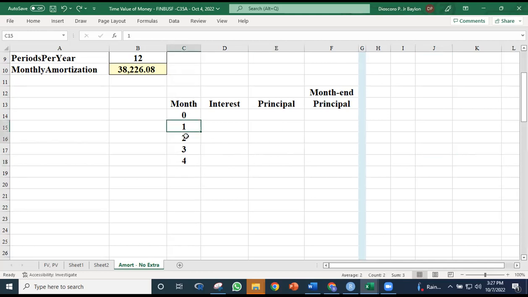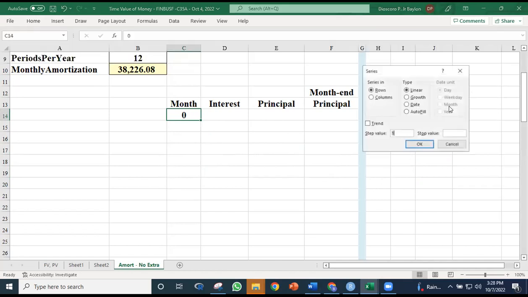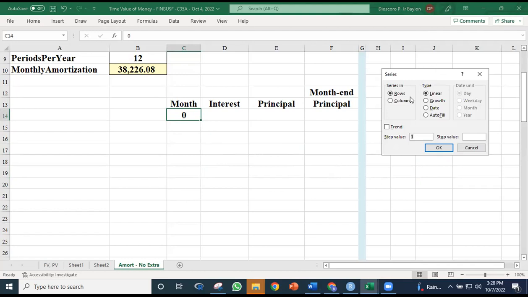So what's the best way to do this? Quick way is home, and then here in editing, andito yung fill. Fill, let's click this, and then series. I think I taught this to you before already. Fill, and then series, and then we want the series to be in columns. Pababa.